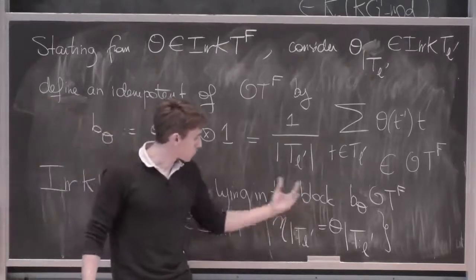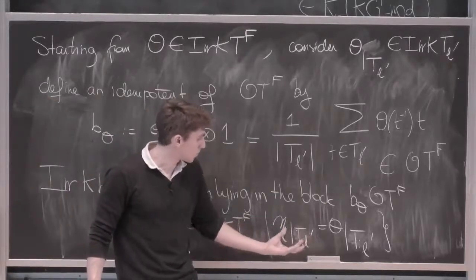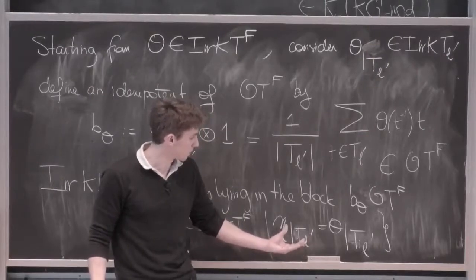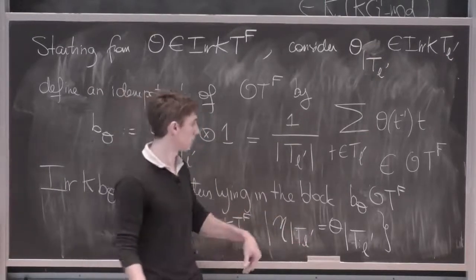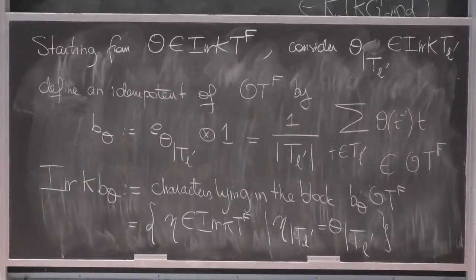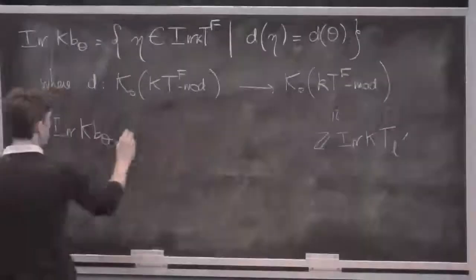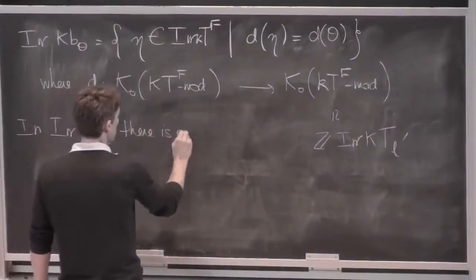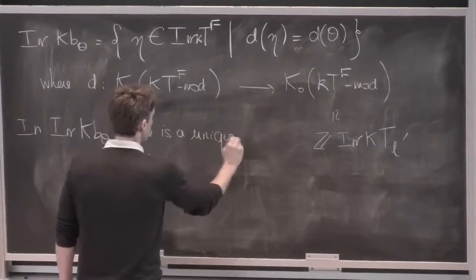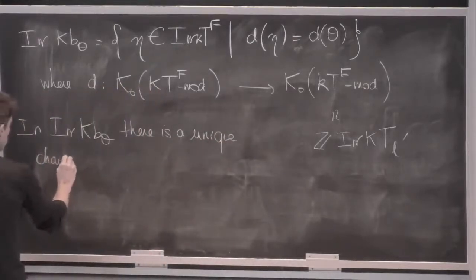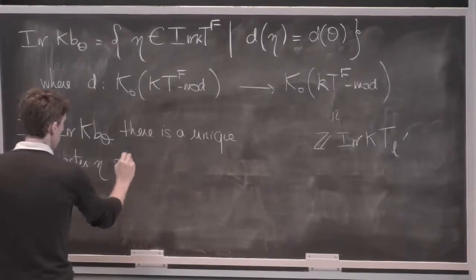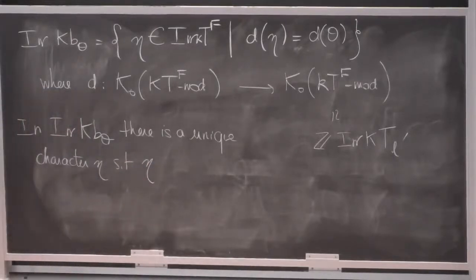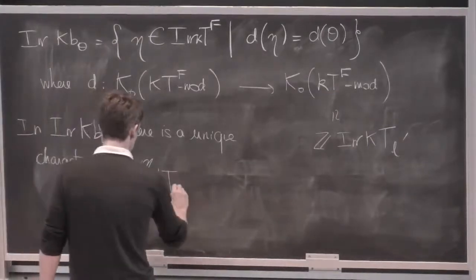Among all the characters which have the same restriction to TL prime, there is one which is a bit different from the others: the one which is trivial on the L part. So in this block, there is a unique character theta such that when you restrict to the second summand, to TL, this is the trivial character.